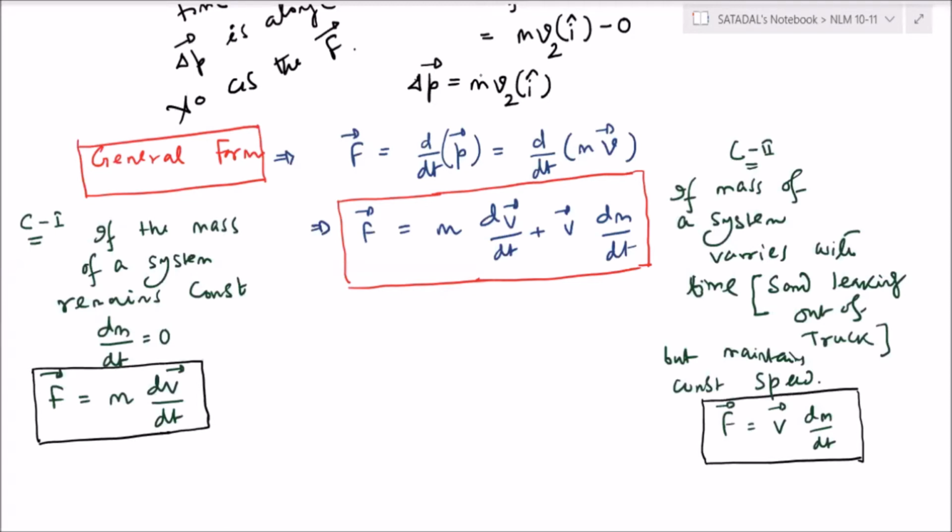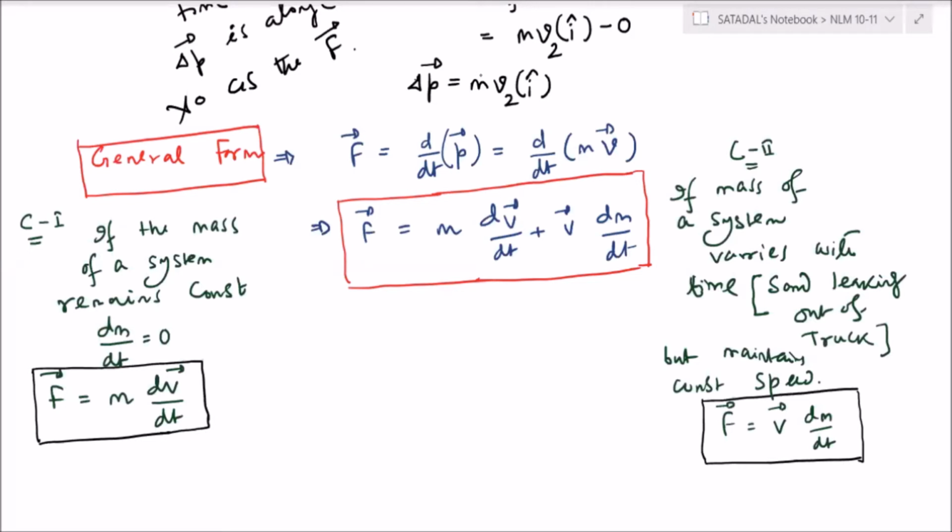Yes, Mr. Rahul Rao. Sir, once again explain case 2, sir. Case 2.